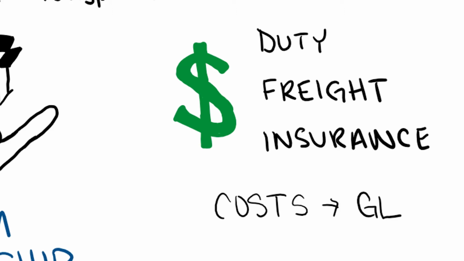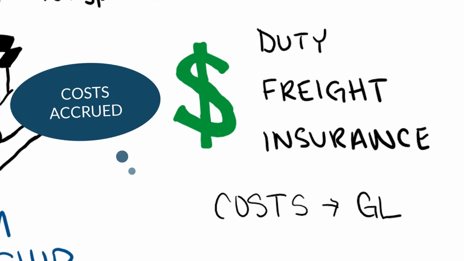Now, these automatic costs that represent things like duty, freight, and insurance, for example, may not be the actual costs. So when you post a preliminary estimate for your shipment, the landed cost module will run a preliminary posting and accrues those estimated landed costs.